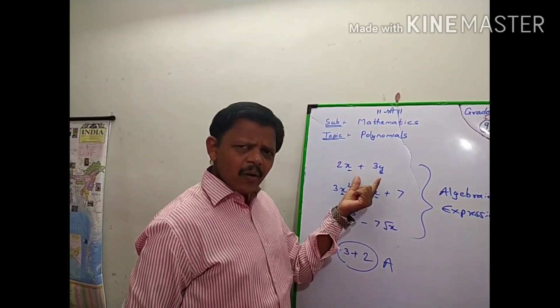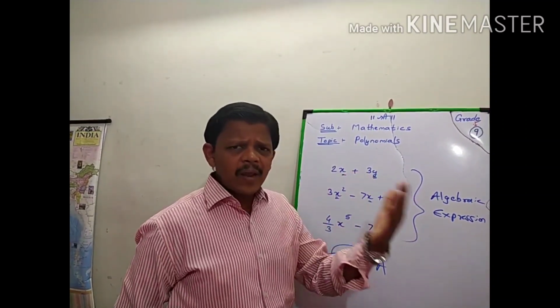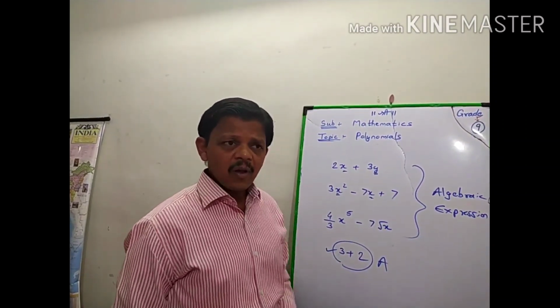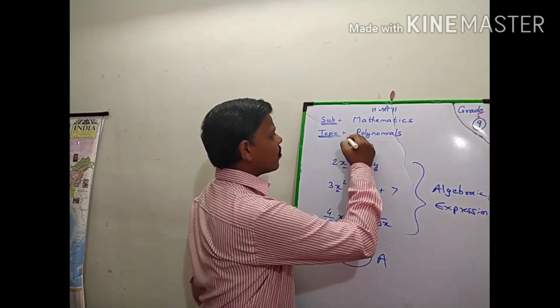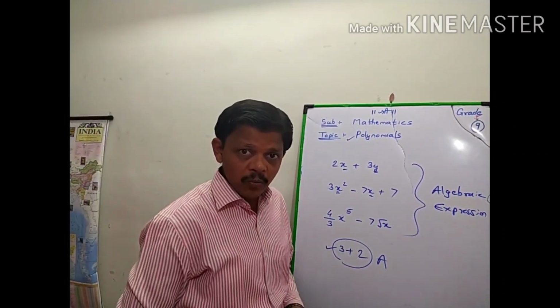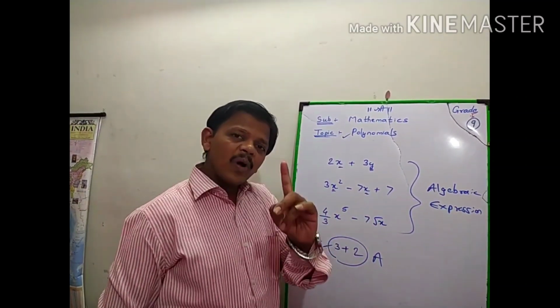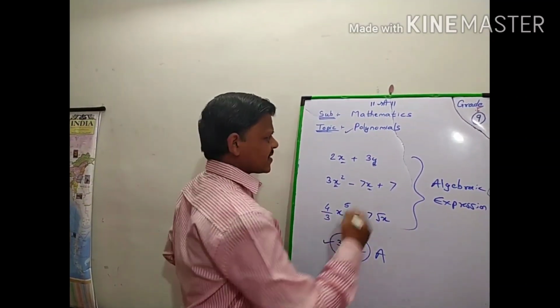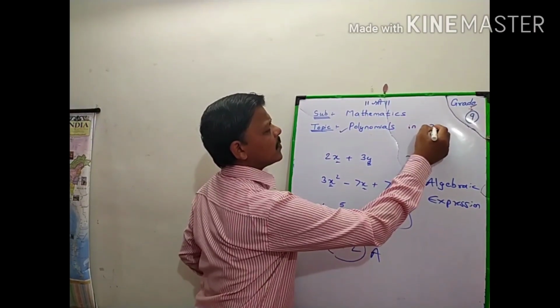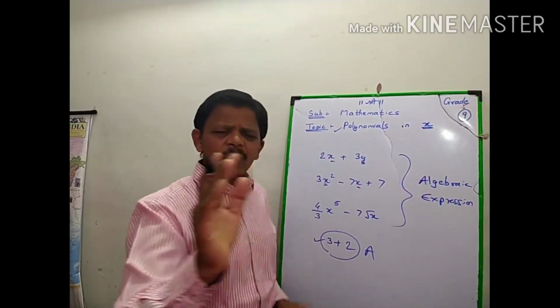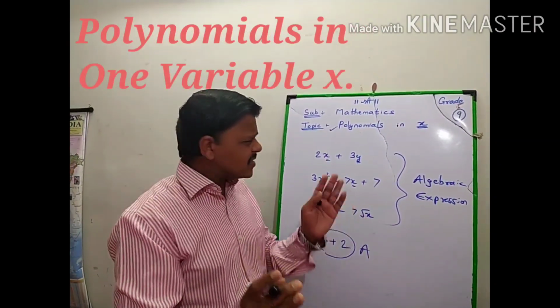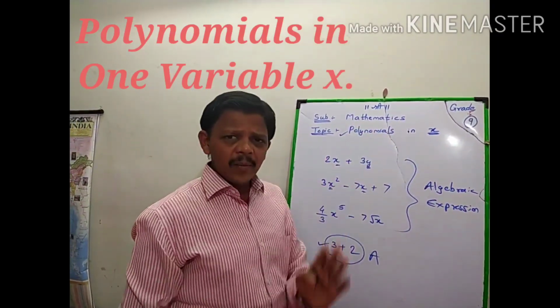So two variables are allowed, one variable is allowed, many variables are also allowed. But right now in this chapter we are going to study polynomials, meaning those algebraic expressions in one variable only, say x. So we are going to learn polynomials in terms of x. We are going to restrict ourselves this year to polynomials in one variable x.